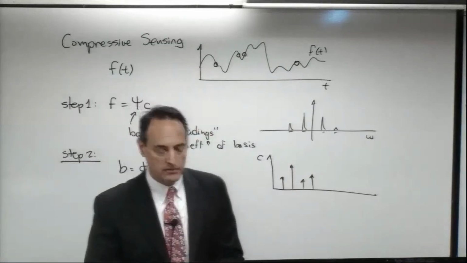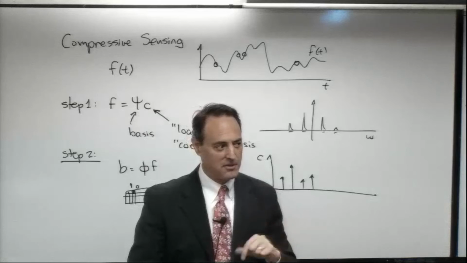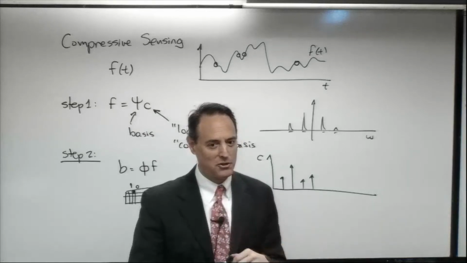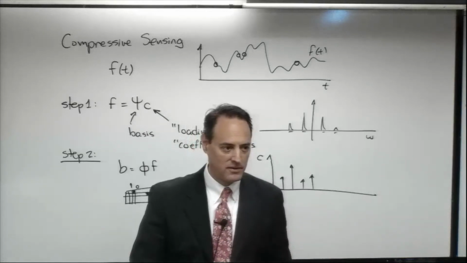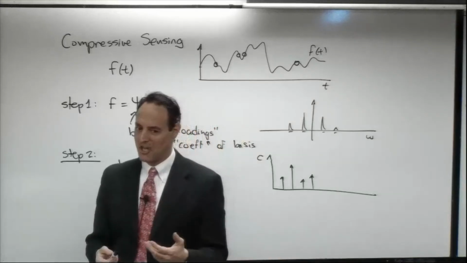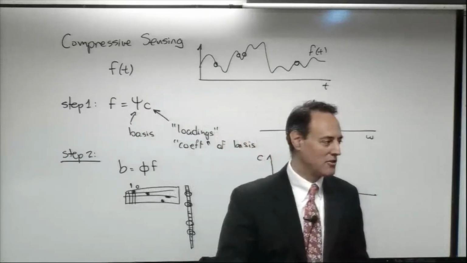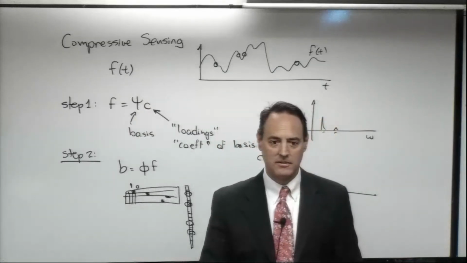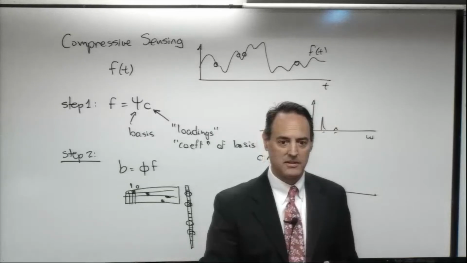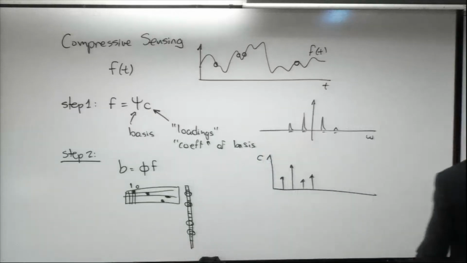Now, right away, you may be perturbed. If you come from an electrical engineering or signal processing background, there's this thing called Shannon Nyquist. Has anybody heard of this? How fast do you have to sample to resolve a signal? Twice the highest frequency. Why is that? So let's talk about Shannon Nyquist.